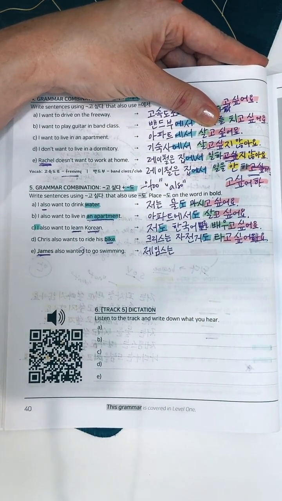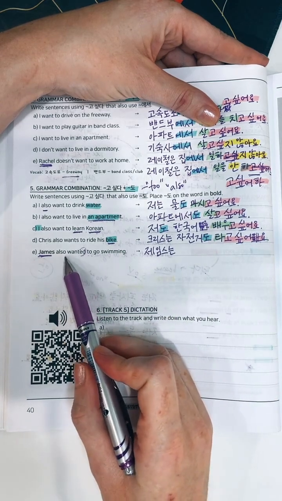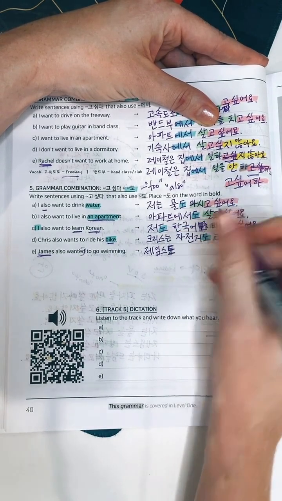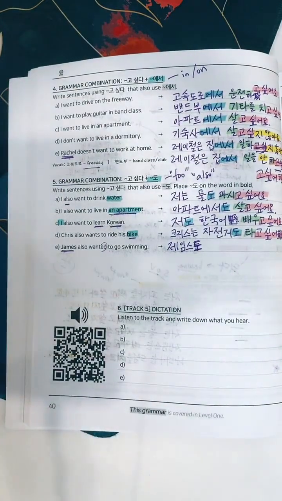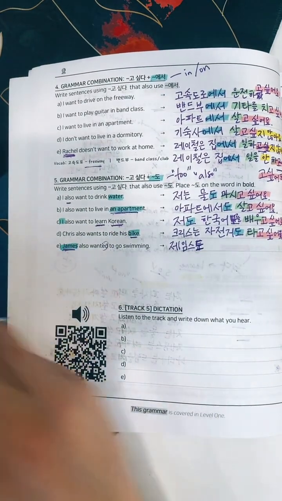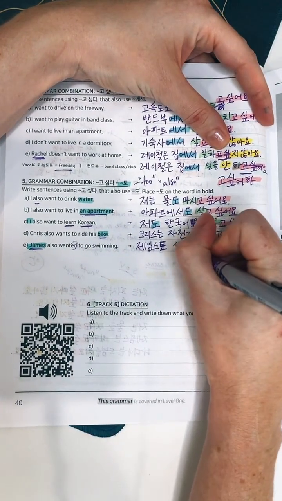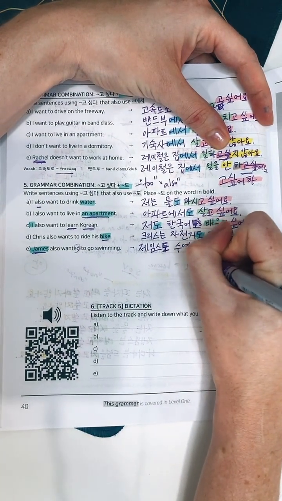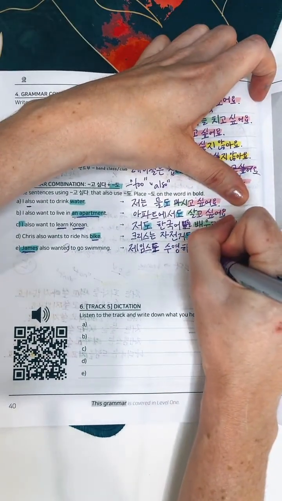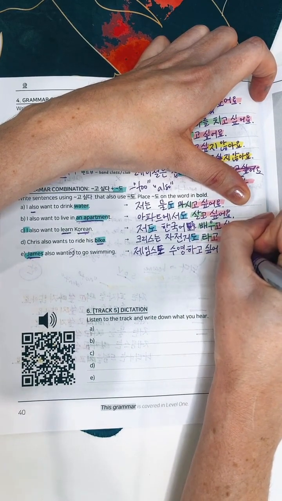James는. All right. Do we have 도? Yes, we do. James는. James도. My apologies. Should be James도 because he is the subject in bold. James도. Now to swim is 수영하다. 수영하다 becomes 수영하고 싶어 하다, right?